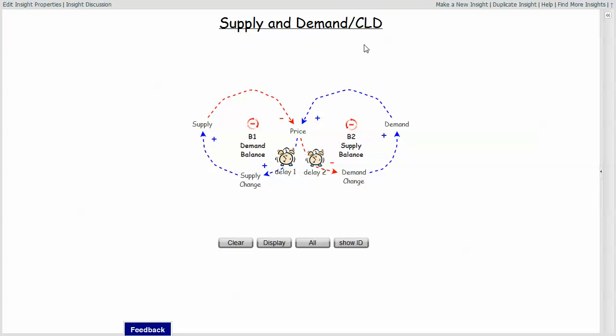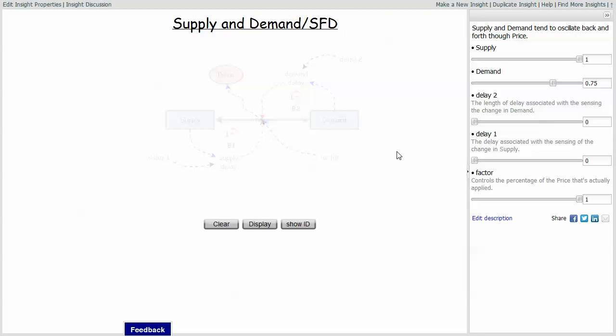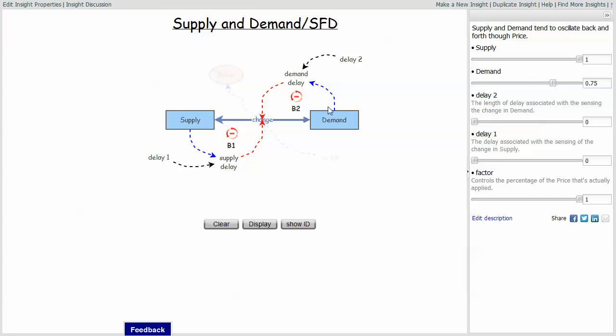That can be readily seen if we look at the stock and flow simulation version of this model, where we have supply as a stock, and this is the first balancing loop. Demand is part of the second balancing loop. We've also added a factor, which is just a variable between 0 and 1 that allows us to control the rate that the change interacts in the model, and the price, which is a unit price plus or minus the change that's happening.